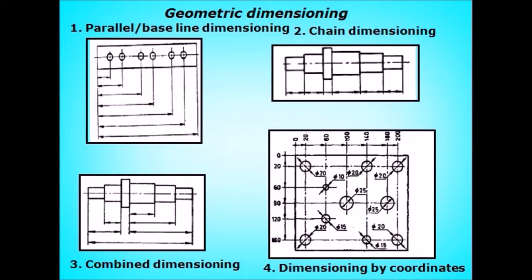Another is combined dimensioning, in which the required features to be controlled are dimensioned. And the fourth one is dimensioning by coordinates. So this is the geometric dimensioning scheme.